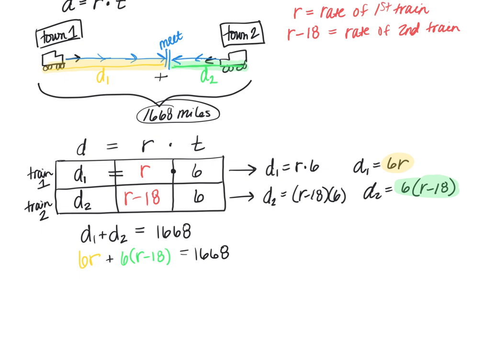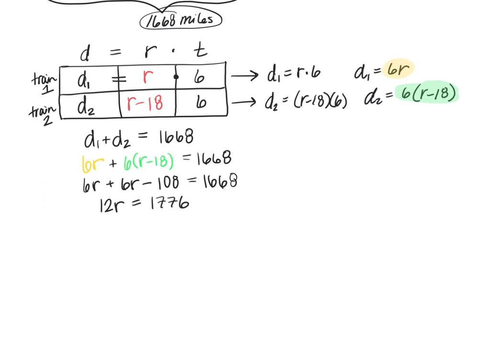The hard part's over. Now let's just do our algebra. So distributing, 6R plus, we get 6R, and then 6 times 18 is 108, equals 1,668. We'll combine like terms, 12R. We'll add the 108 to the other side, which should give us 1,776. And then finally divide by 12, which leaves us with an answer of 148.